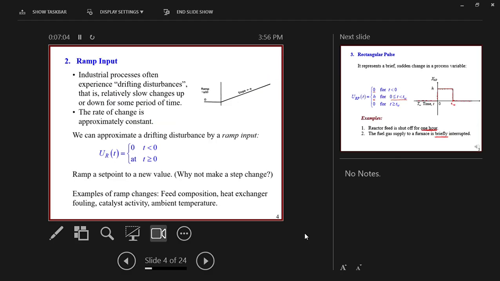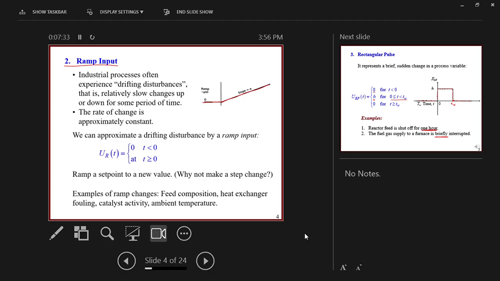Now, the next type of input is called the ramp function, or the ramp input. In the ramp input, the feed to a process is changed gradually, linearly, at a constant slope. So the process will be at a certain value, and suddenly at a certain time, it starts changing gradually with a certain slope.